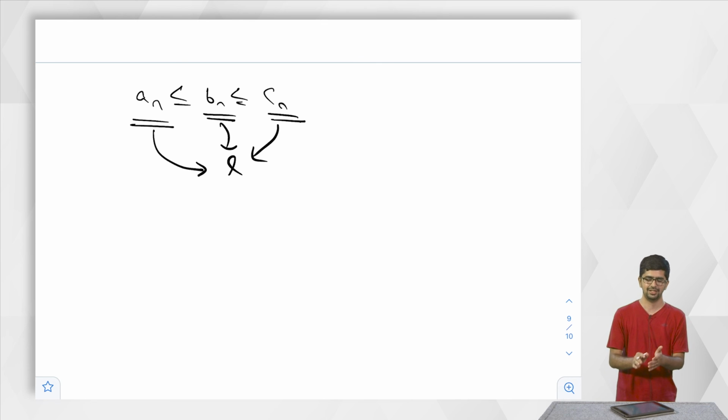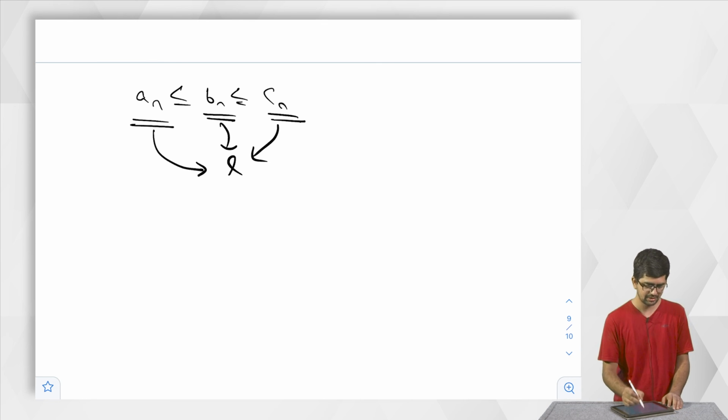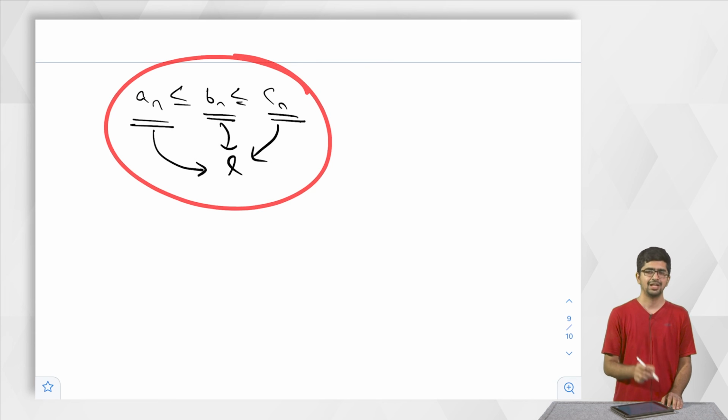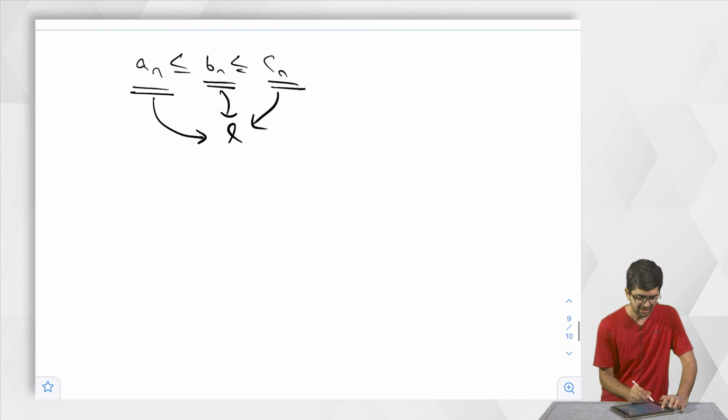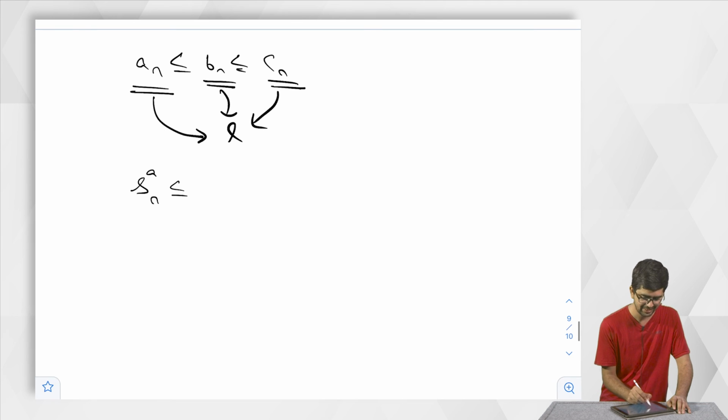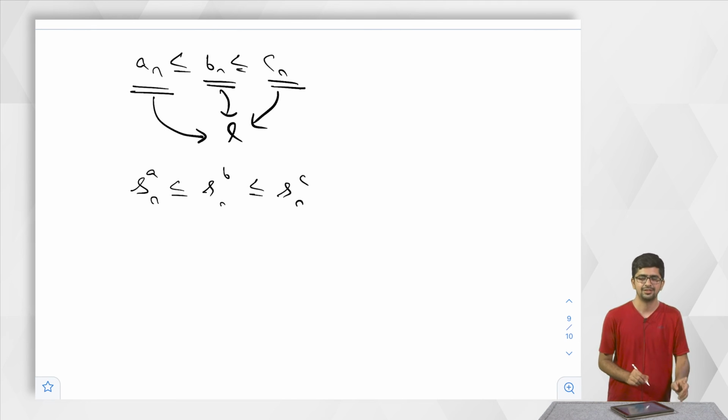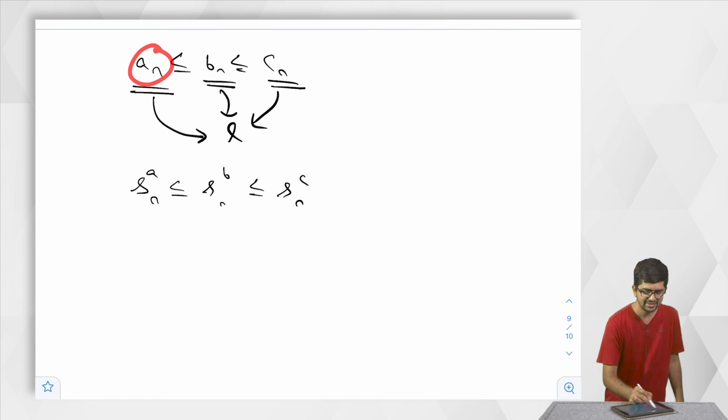Right? This is what we call the squeezing theorem for sequences. Now see, it is not special. In particular, if we are dealing with a sequence of partial sums, then it still holds, right? Say SA, SB, SC. This is true for any sequences.